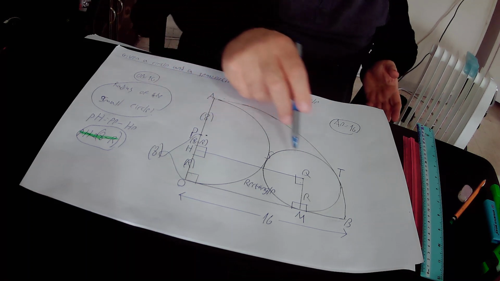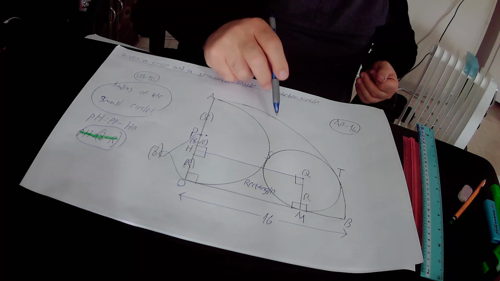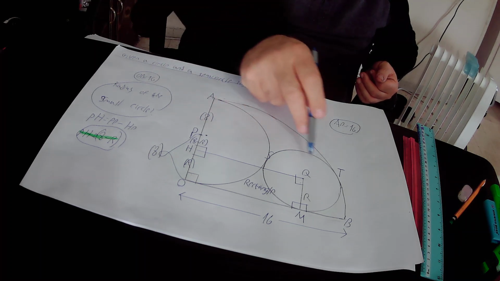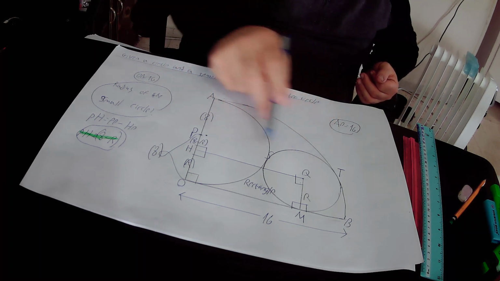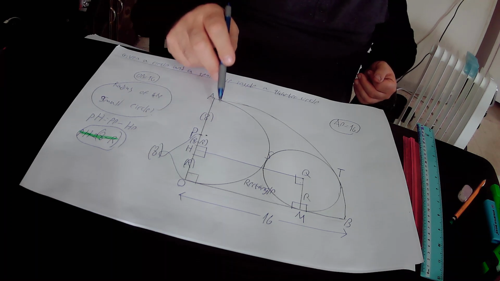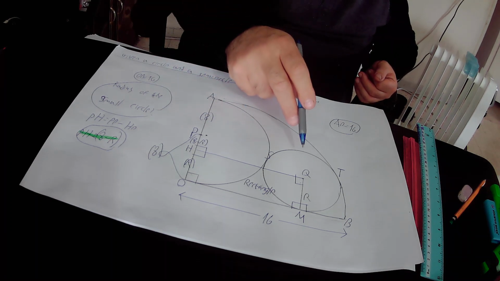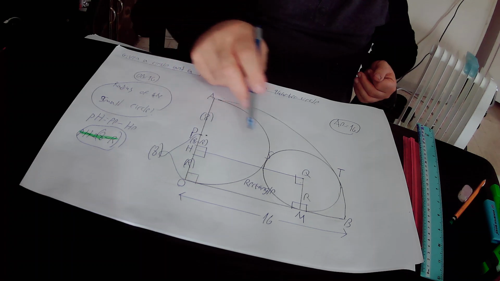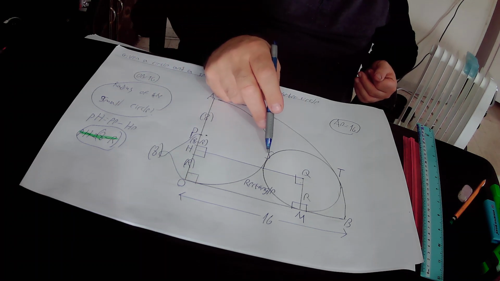This straight line PQ must pass through their touching point, that is point S. Or PSQ is one straight line. Again, PSQ is one straight line. So I connect points P and Q together by a straight line, and the straight line PQ must pass through their touching point, that is S.